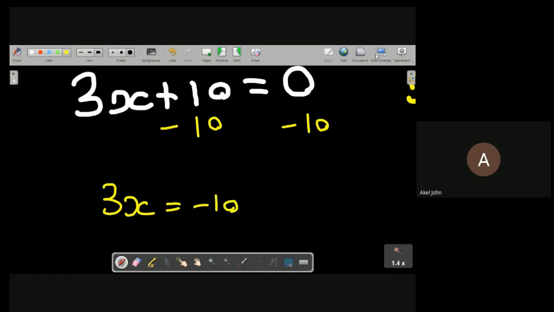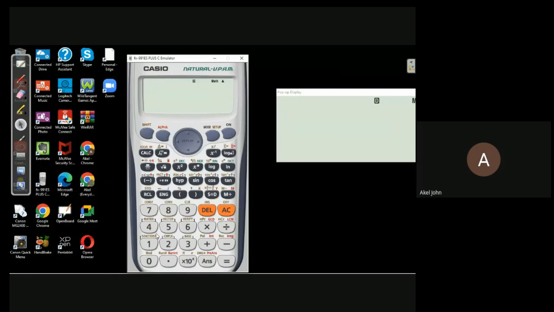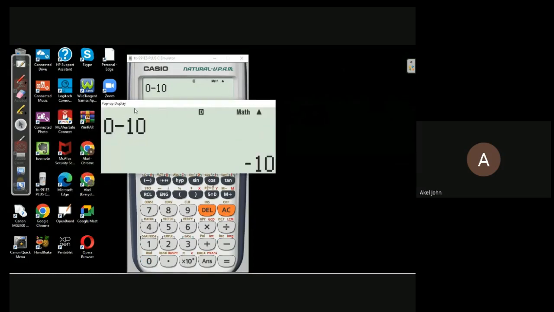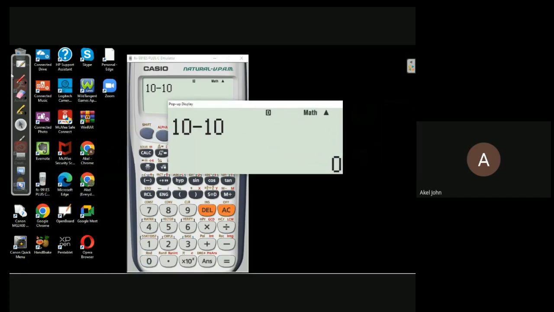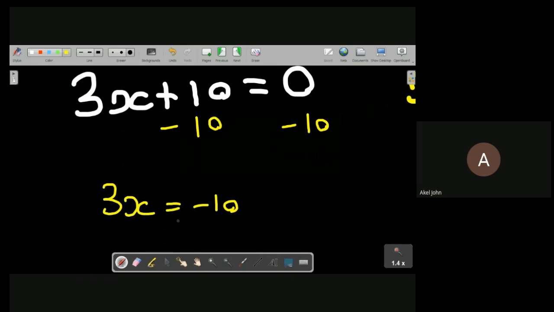0 minus 10, in fact, is negative 10, as well as 10 minus 10 gives you 0, and that's when we put back the 3x.